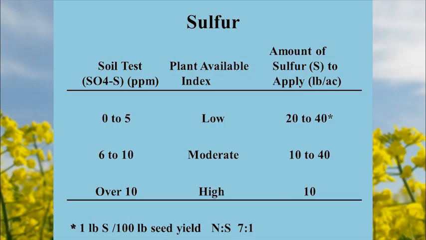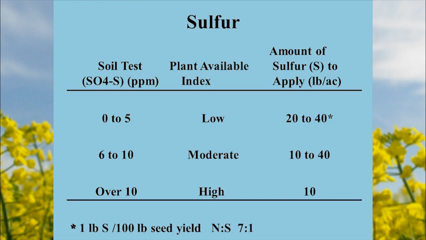From our work on canola, I like to see 1 pound of sulfur for every 7 pounds of nitrogen. And I've heard ratios narrower than that, 5 to 1, 4 to 1, 3 to 1. So take your pick, but this seems to have worked for us, and this is what's written in the fertilizer guide.